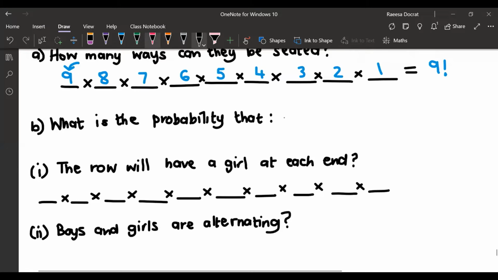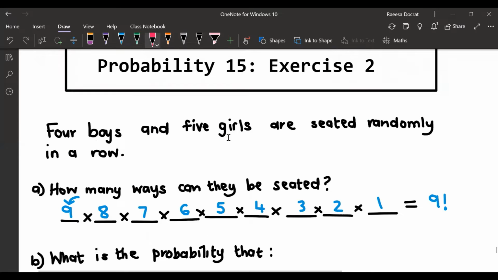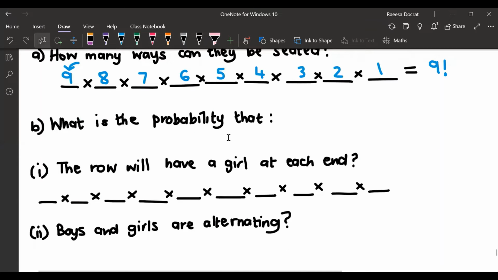Okay, so we would like to place a girl at each end. So how many girls are there? There are 5 girls. So we're gonna place 1 at the beginning and 1 at the end.